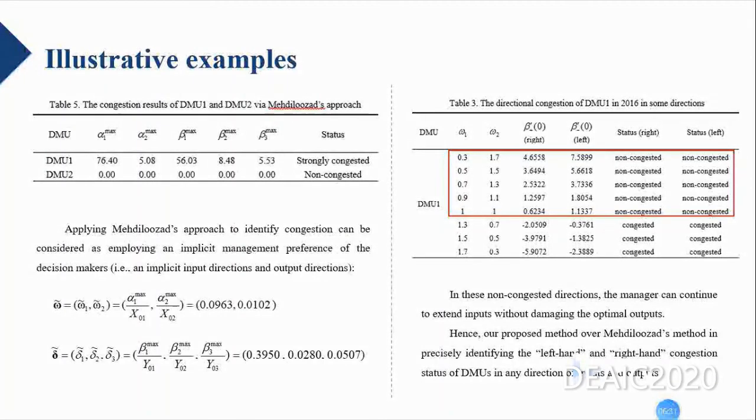From Table 3, we can find that it is non-congested in this direction. That is, the manager can continue to extend inputs under their current management preference. Consequently, our method is better than the traditional methods in precisely identifying the left-hand and right-hand congestion status for the target DMUs in any direction of inputs and outputs, which will provide more useful information to decision makers.